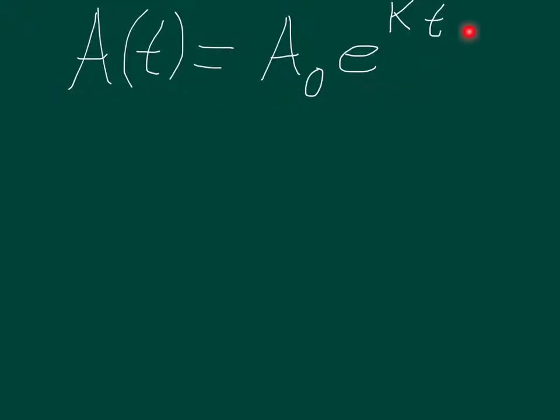Oftentimes you would find this earlier on in your math study. Your initial population, for example of bacteria, is generally already given. Your constant may already be given. And the questions you would encounter would be, for example, what is the population of bacteria after 5 years, or something of this nature.